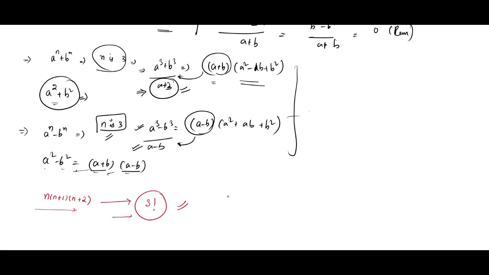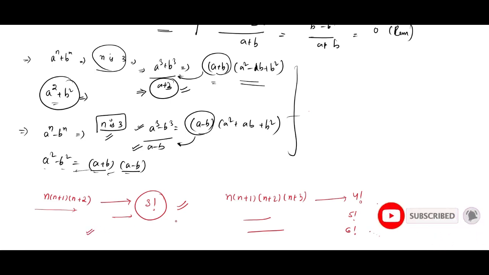Similarly, if there are four consecutive numbers n, n plus 1, n plus 2, n plus 3, they are always divisible by 4 factorial. Five consecutive numbers, 5 factorial, six consecutive numbers, 6 factorial, and so on. This is a very good concept.